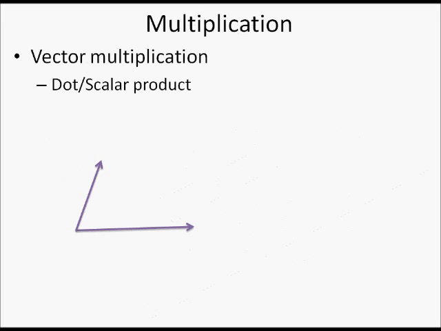Vector multiplication is for multiplying two vectors. Say this is a and this is b. How do you multiply two vectors? There are two methods. The first method is the dot product, or scalar product. For this we need the angle between the vectors. The definition of a dot b is modulus a, modulus b, cos of the angle between a and b.